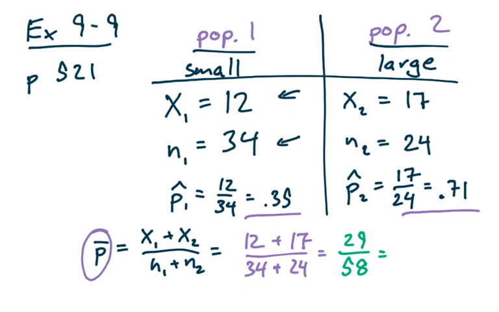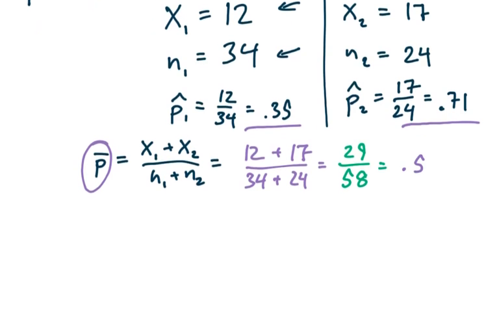And this one is actually exactly equal to 0.5. So that means that Q bar is 1 minus P bar, so that is also going to be 0.5. So that's actually pretty nice. And now that we have everything calculated, we can go ahead and begin the hypothesis test.